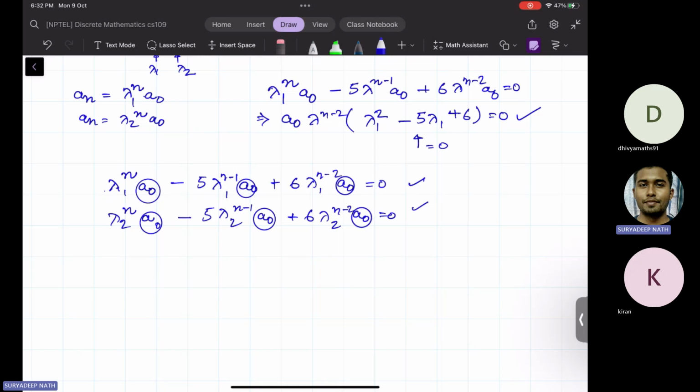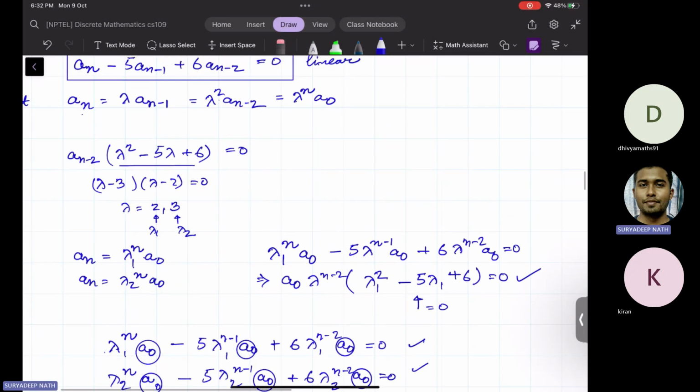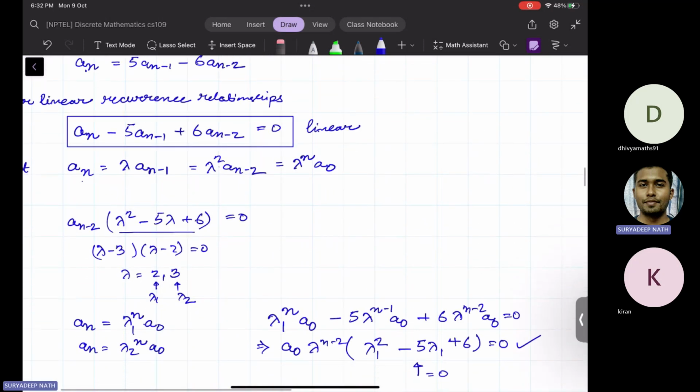So just like we did here, instead of a0 I call it some alpha 1, alpha times lambda to the power n.